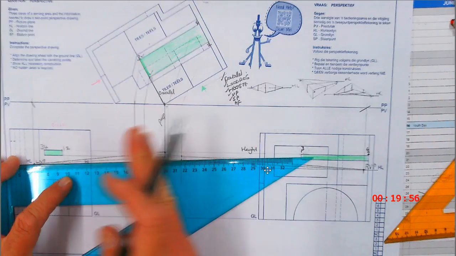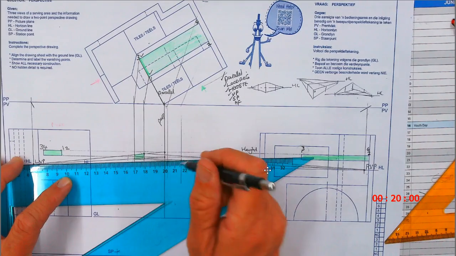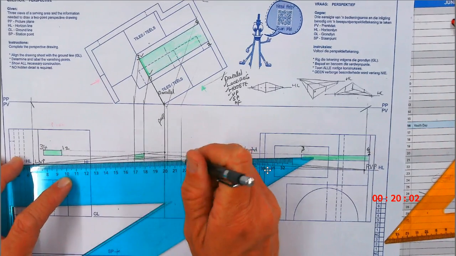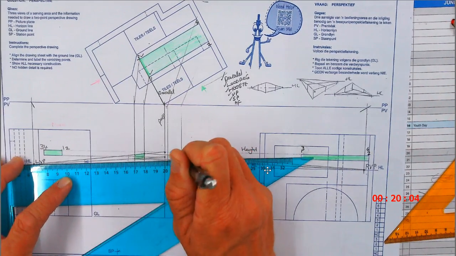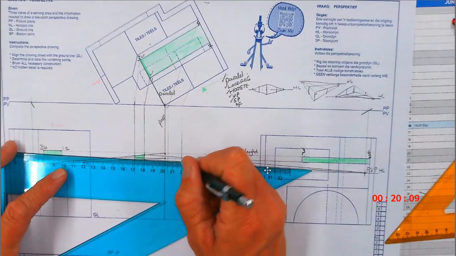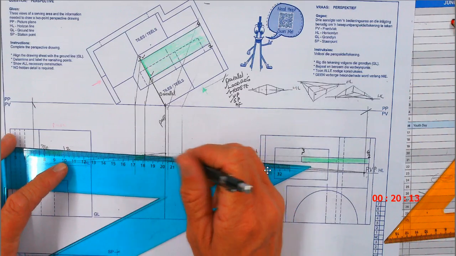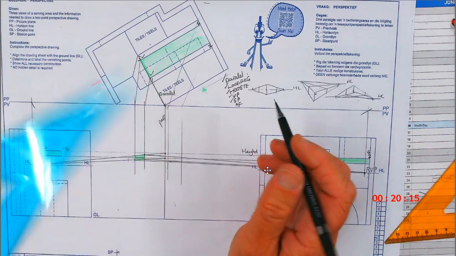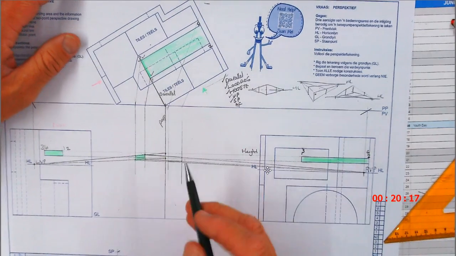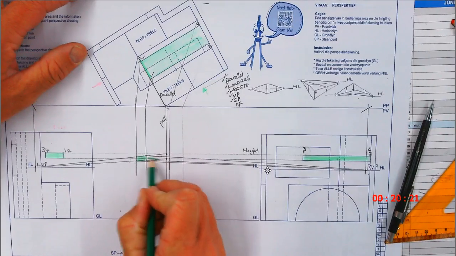What lies to the right of your starting point can be taken to the left vanishing point and vice versa. So this is going to go there, and the front bit is going to be a little line over there. Maybe just for clarity, I'm going to make this a bit darker.